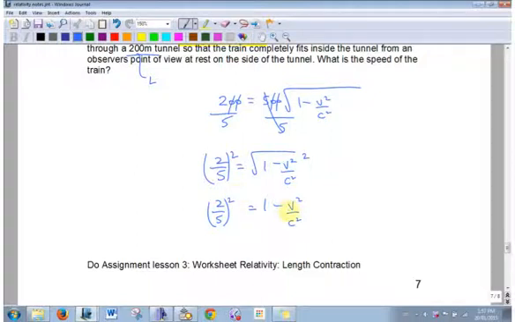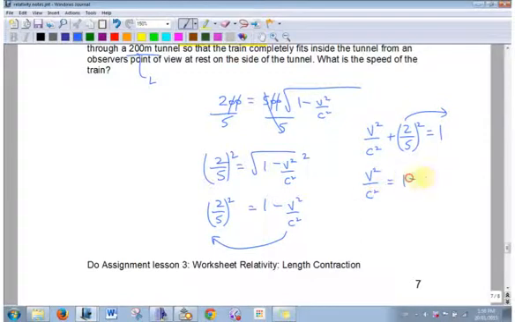This is negative. I want it to be positive, so I'm going to chuck it over there. Okay? So that's what I got. And then, well, if I got this over here, I'm going to put that over there.